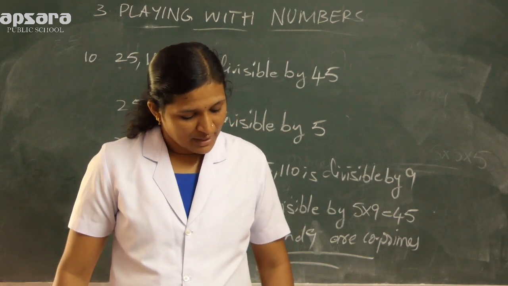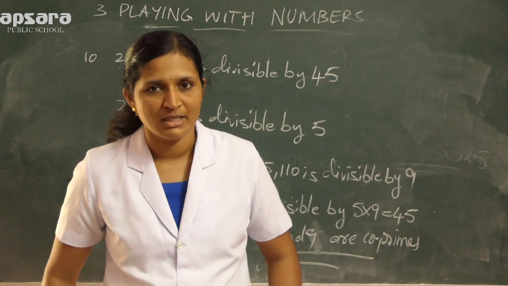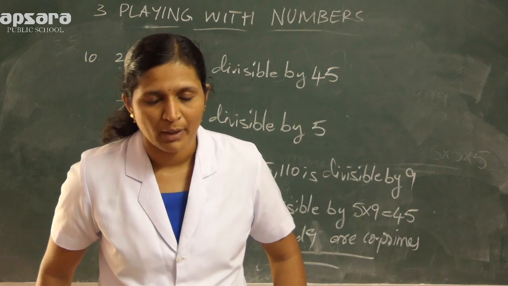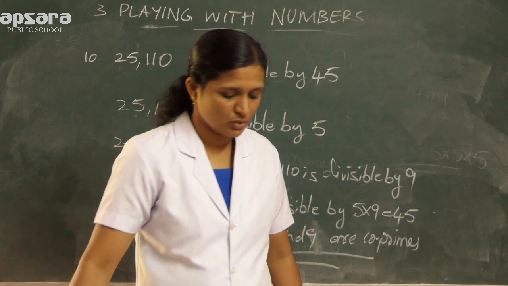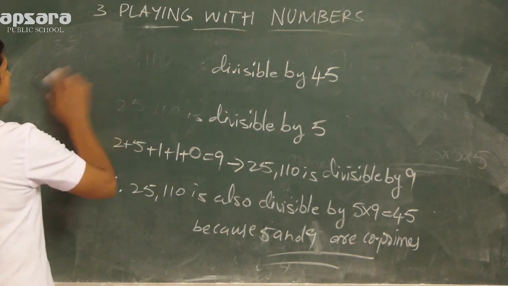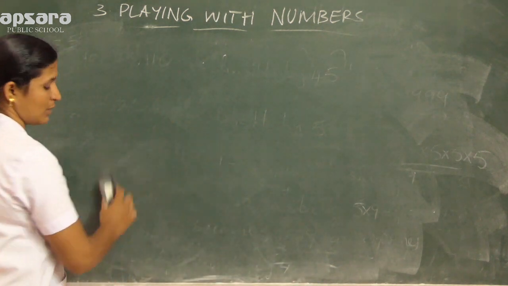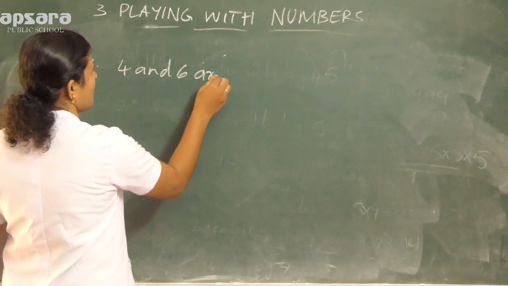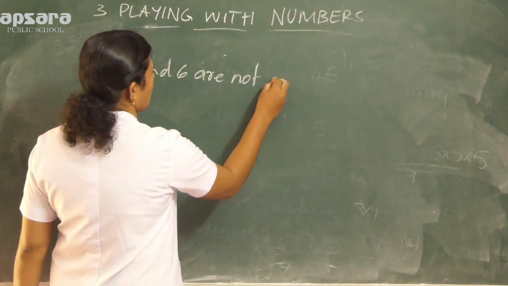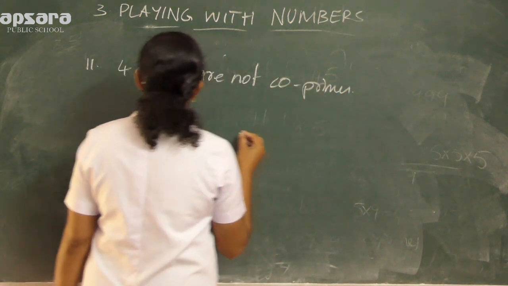Then what about the next one? One number is divisible by 4 and 6. 4 and 6 are not co-prime numbers, right? So the number is not divisible by their product. So what is the answer? 4 and 6 are not co-primes.